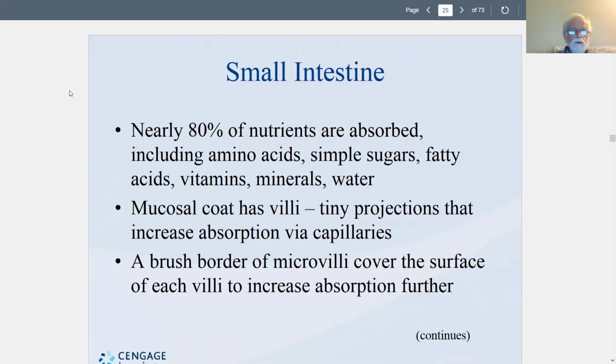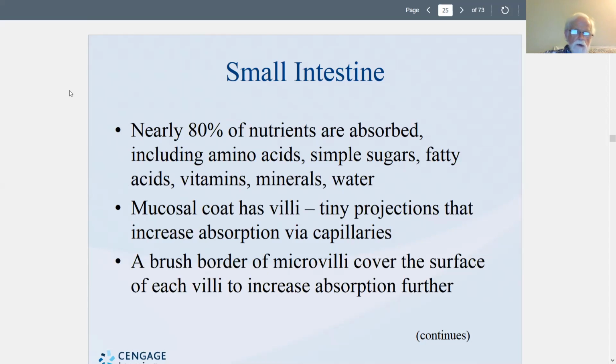The small intestine absorbs about 80% of the nutrients, including the amino acids, the simple sugars, fatty acids, water, vitamins, minerals. The mucosal coat has villi, little projections that basically look like little fingers that stick out into the intestine.